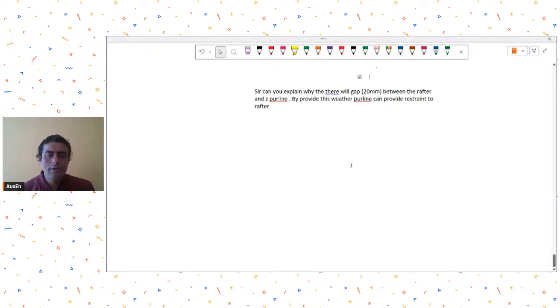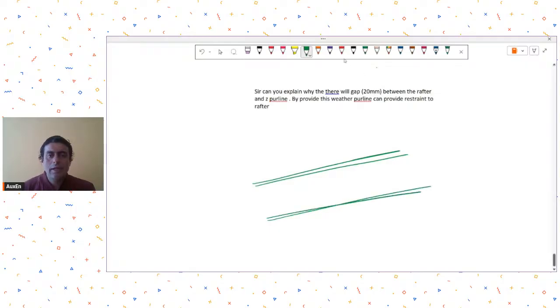Yeah, sometimes in the rafter to Z purlin connections, let's say this is my rafter and I have a cleat on the top of the rafter. I will put some cleat, and then on this cleat, for the sake of ease of erection and simplicity, what we do is that when we put Z purlins, we have some gap between the Z purlins like this.